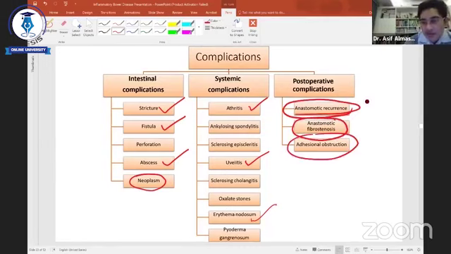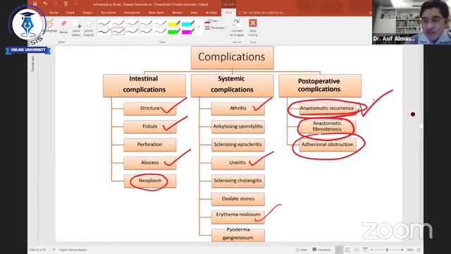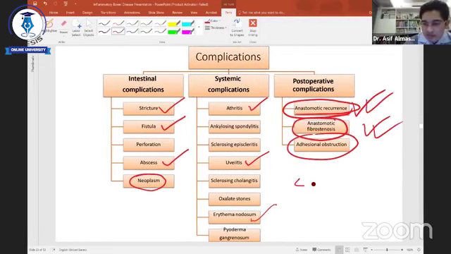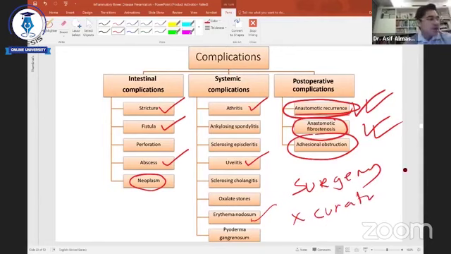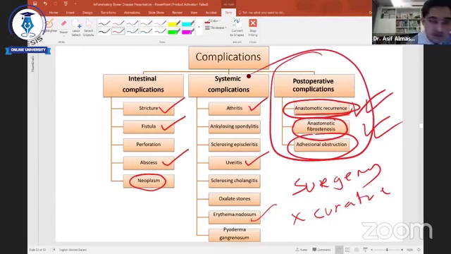These are very, very important because this shows that surgery is not curative. The surgery will not cure the disease. This is very important. Remember this. So this is mostly a medical disease. This is not a surgical disease.